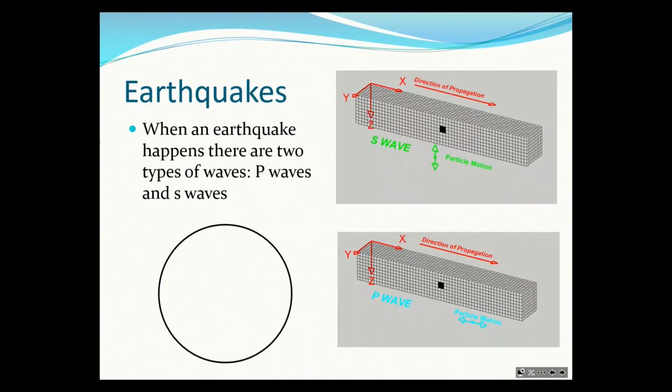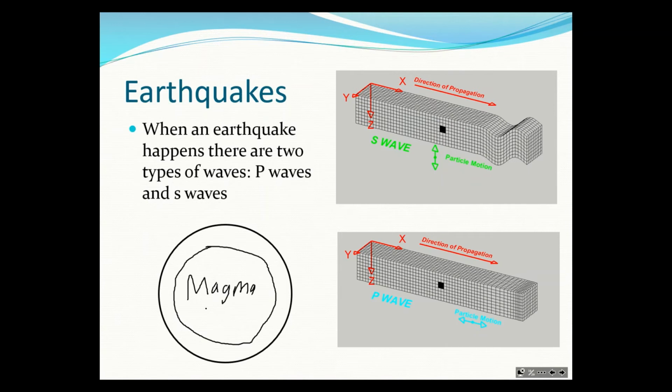So a place where these longitudinal and transverse waves are important are with earthquakes, because with the Earth, if this is the Earth, lots of the Earth is liquid magma. Liquid. So it's liquid magma inside of here. And that means that our transverse wave can't actually travel through there.